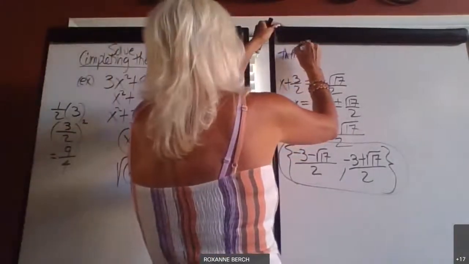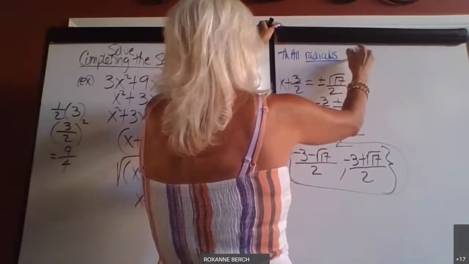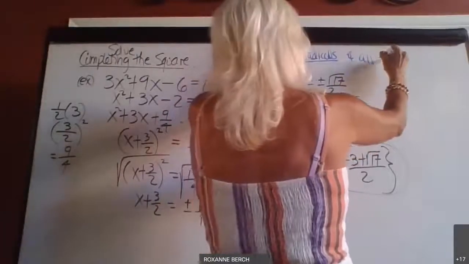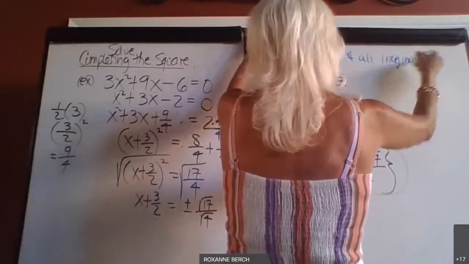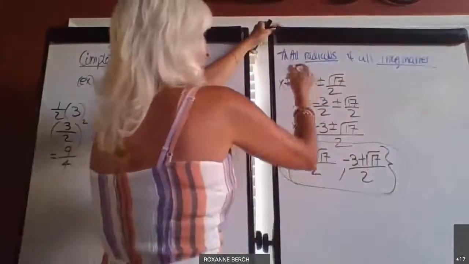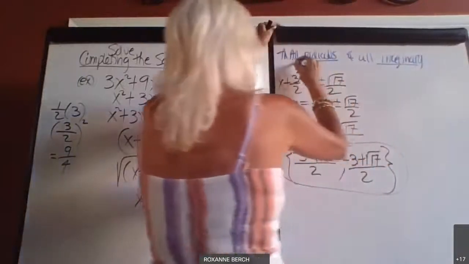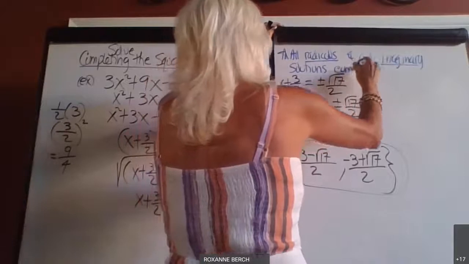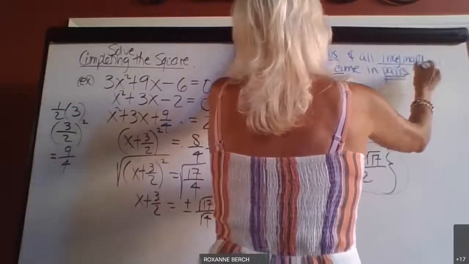So all radicals and all complex numbers, I'm just going to call them imaginaries, all imaginary solutions come in pairs.